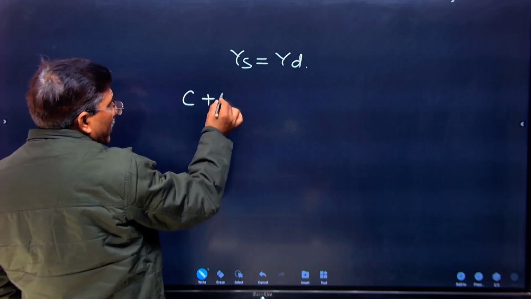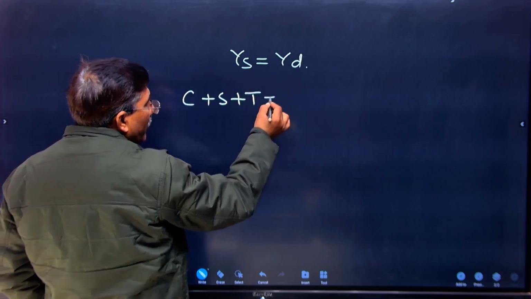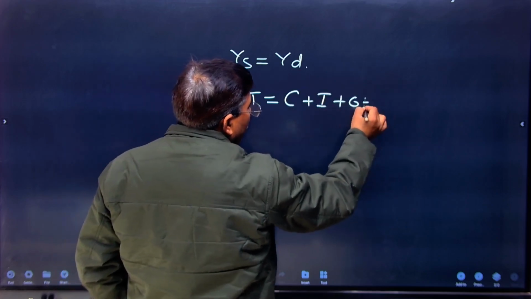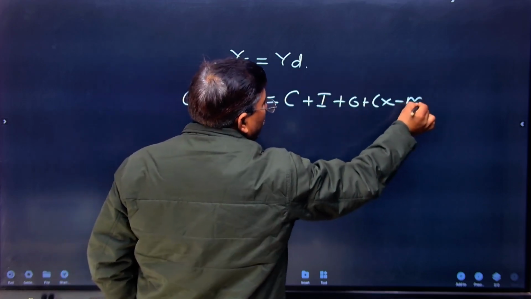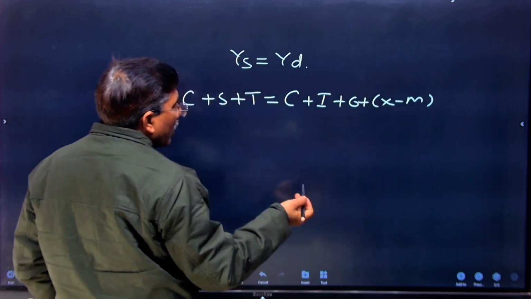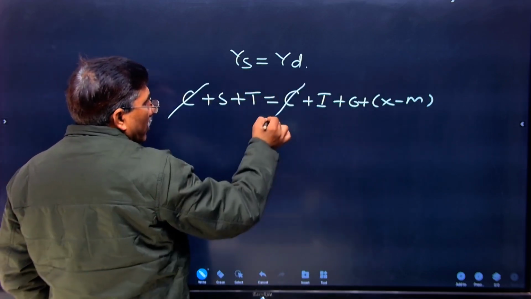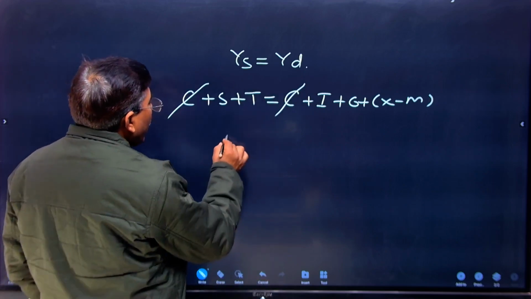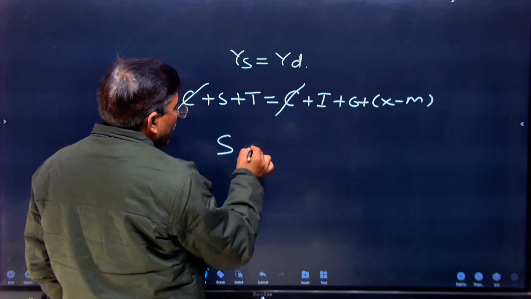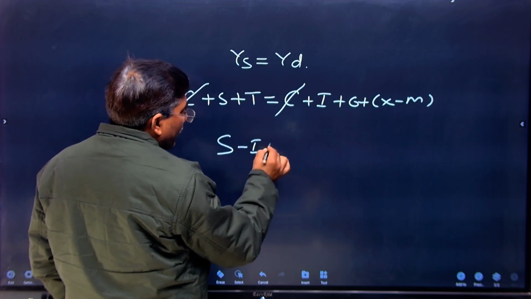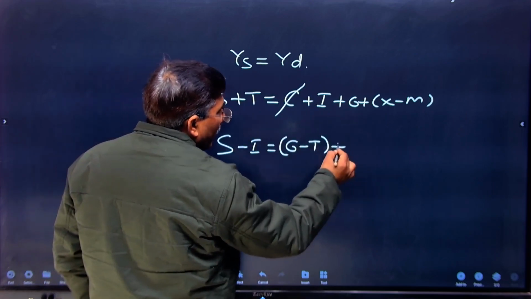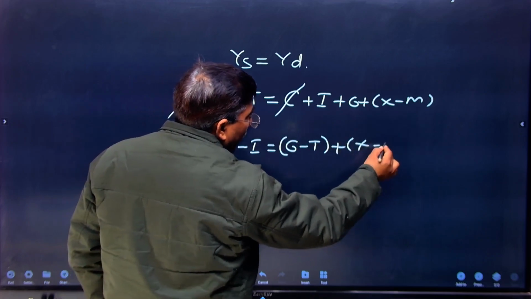It means C plus S plus T will be equal to C plus I plus G plus X minus M. Now you can solve these equations. Consumption is common. Taking the investment to the other side, S minus I is equal to G minus T plus X minus M.